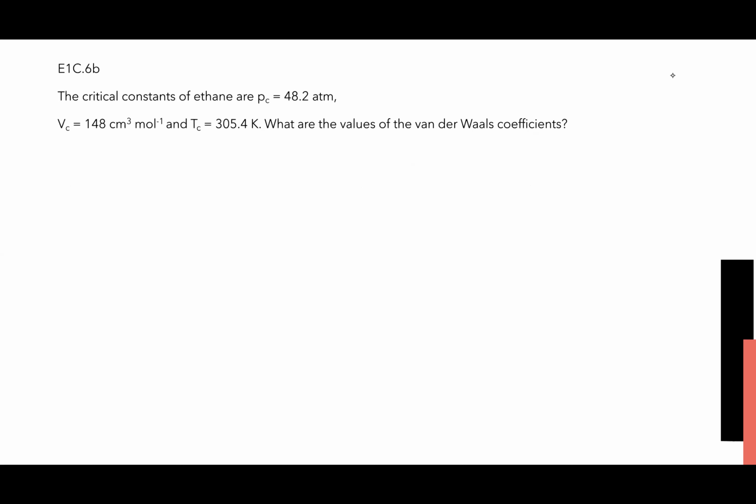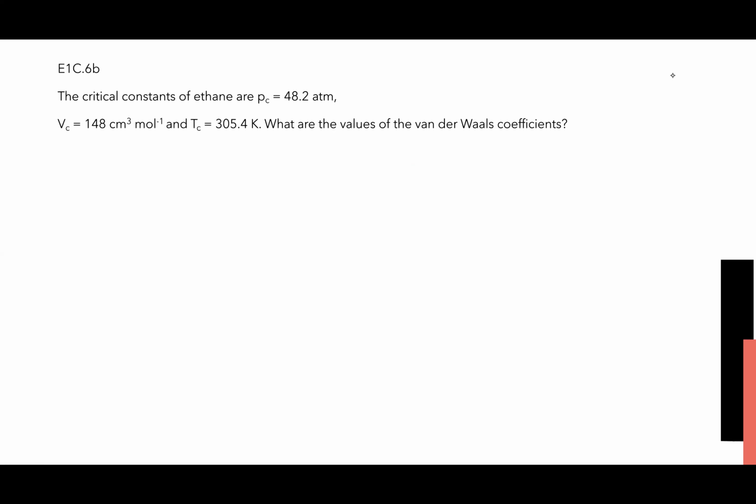If you do an example of this, critical constants of ethane, we have a pressure of 48.2 atmospheres, a critical volume of 148 cubic centimeters per mole, and a critical temperature of 305.4 Kelvin. You want to know the values of the van der Waals coefficients.